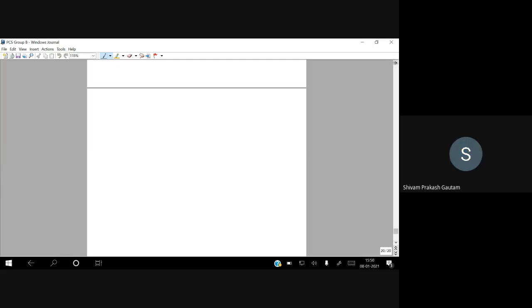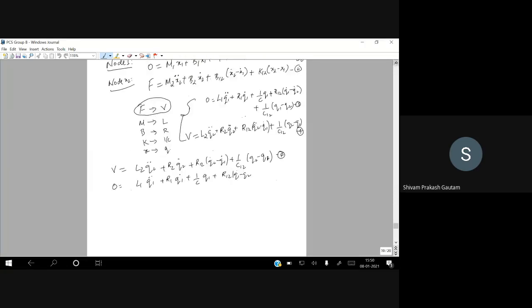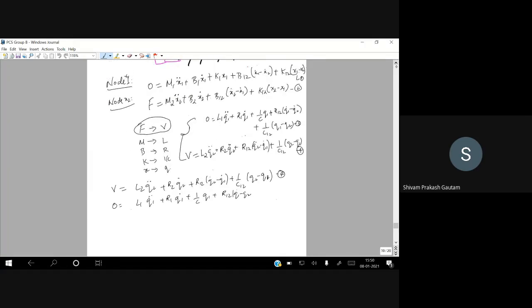Electrical system, not electronic. This is an electrical system. Electronic system means we have active elements also, like diodes and transistors, right? Those are electronic circuits. This is an electrical circuit. Here we only have passive elements, not active elements.